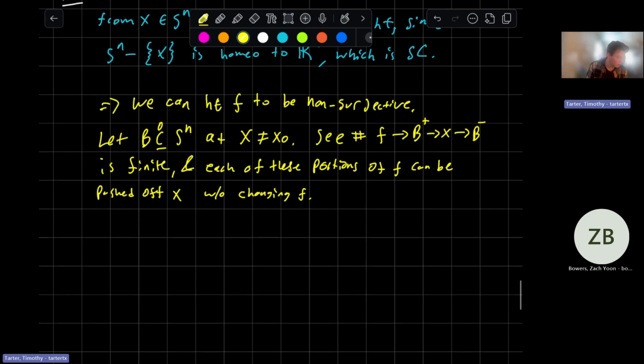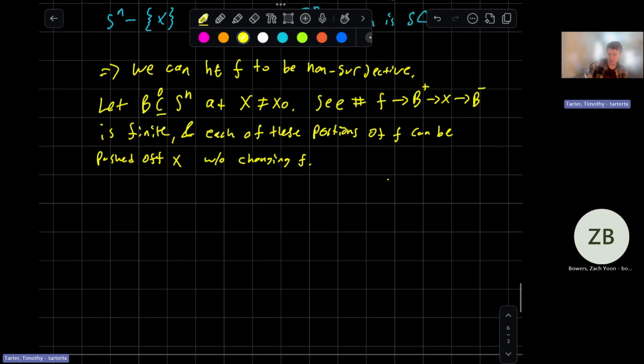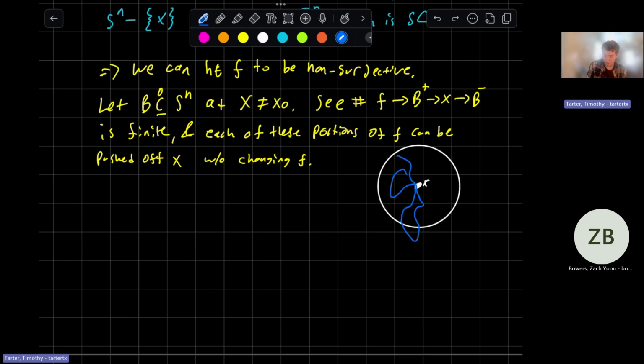So it seems like if we have this circle and we have this base point x naught, or we have x, the idea is we can just remove x and blow up everything around it, maybe.